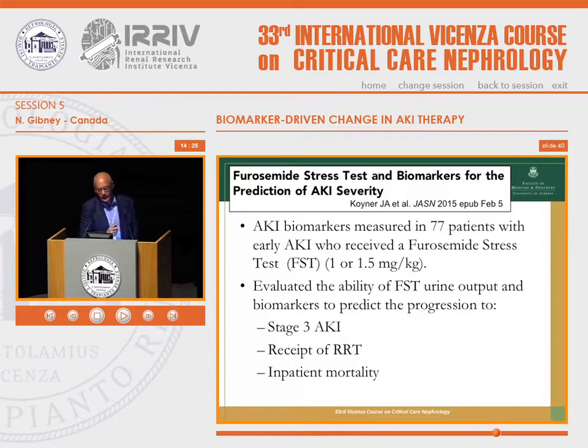Recently, this was further studied by comparing the furosemide stress test to the stress biomarkers that John Kellum recently mentioned. They studied AKI biomarkers, the cell cycle arrest biomarkers, in 77 patients with early acute kidney injury who had received a furosemide stress test of 1.5 milligrams per kilogram dose. They evaluated the ability of the furosemide stress test, in terms of urine output, with biomarkers to predict progression to stage 3 AKI, receipt of renal replacement therapy, or mortality.